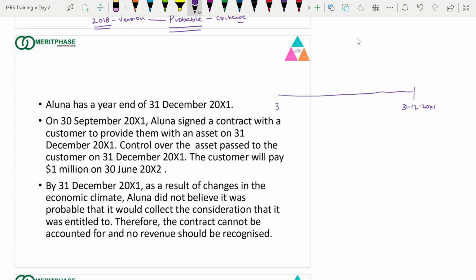On 30th September 2001, they have signed the contract to provide them with an asset on 31st December.